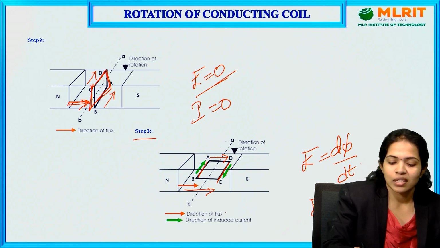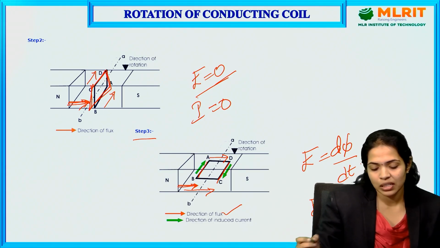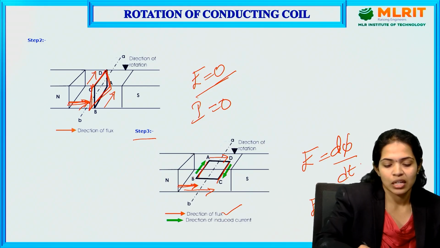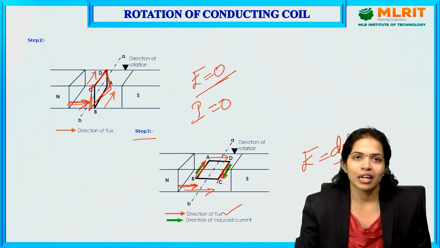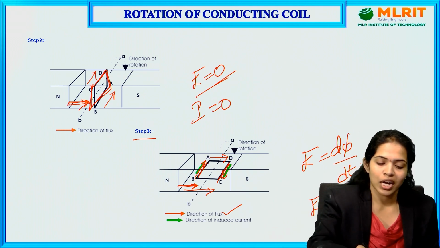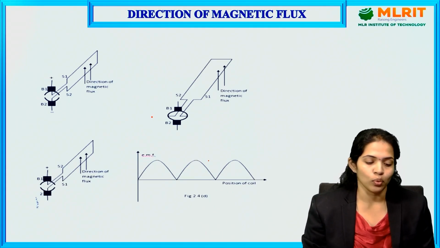As you can see, the direction of flux is given by the arrows in red color, and the direction of induced current in the coil sides or the conductor sides is given in green color. So now the direction of currents in the closed conductor is given by Fleming's left hand rule.